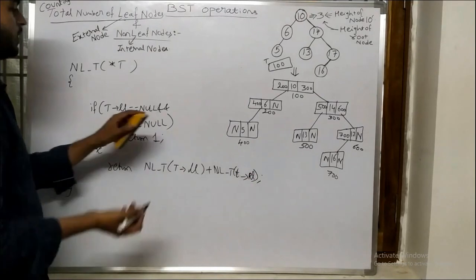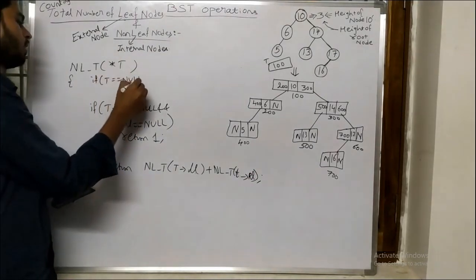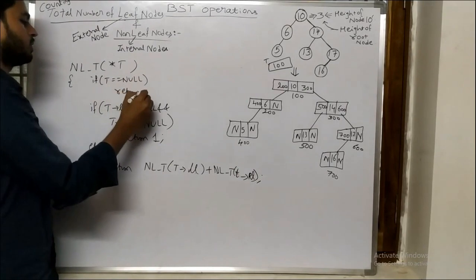One more condition I have: if it is a null node, then we need to write if t == NULL, and return 0.